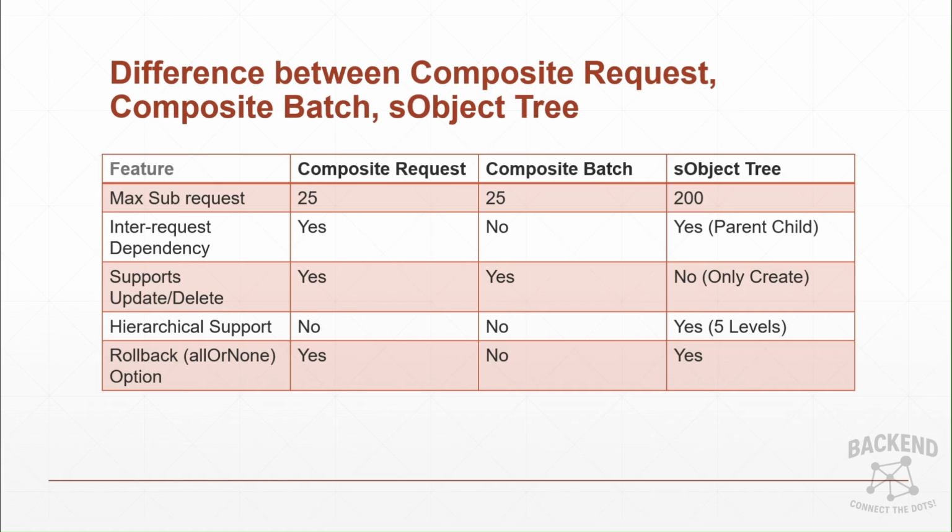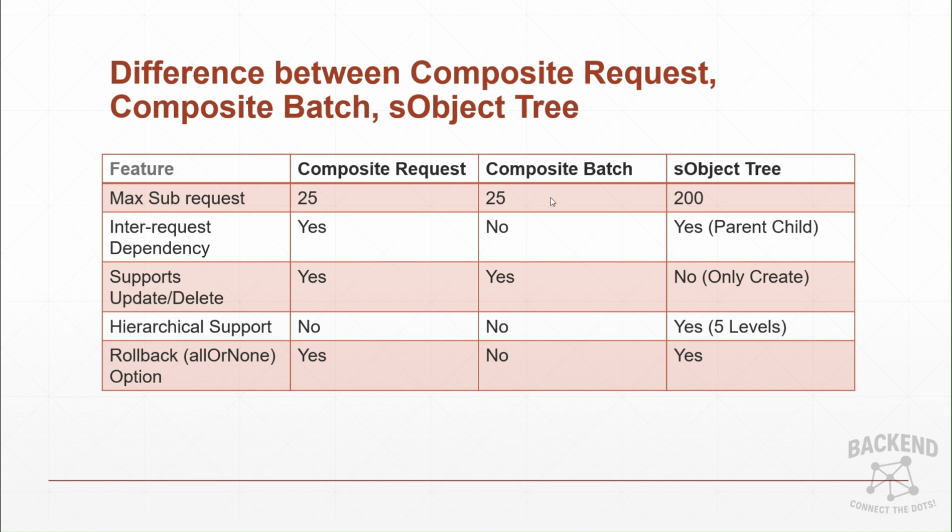In this slide, I would like to conclude with the difference between the Salesforce composite request, the composite batch, and the sObject tree. The max number of sub requests on the composite request is 25. You can make 25 sub operations in one single call.